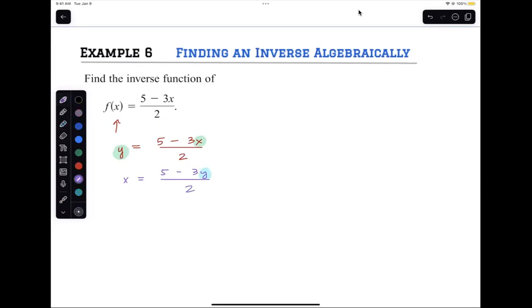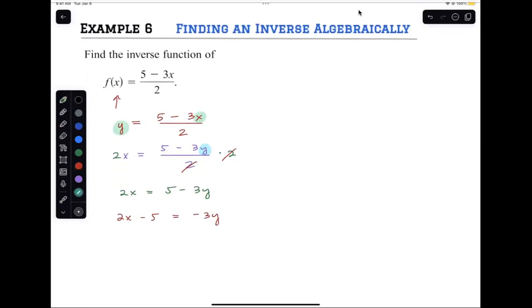So I'm going to multiply both sides by 2. So you get 2x is equal to 5 minus 3y, because these cancel. Subtract 5. So 2x minus 5 is equal to negative 3y. Divide both sides by negative 3.